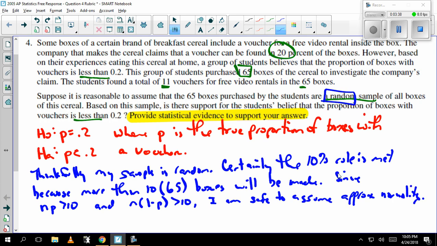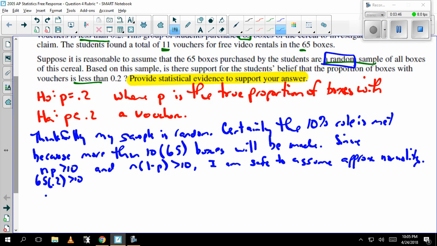Now I need to check and make sure this is right. I'm pretty sure it is, because 65 times 0.2, is that greater than 10? Yeah, that's 13. That's greater than 10. And is 65 times 0.8 also greater than 10? Yeah, that's going to be 52, which is greater than 10.